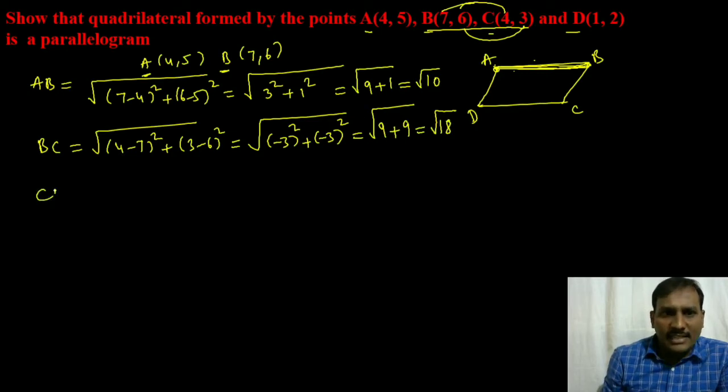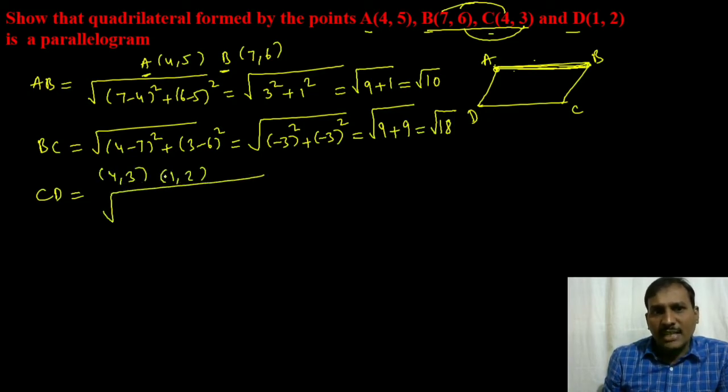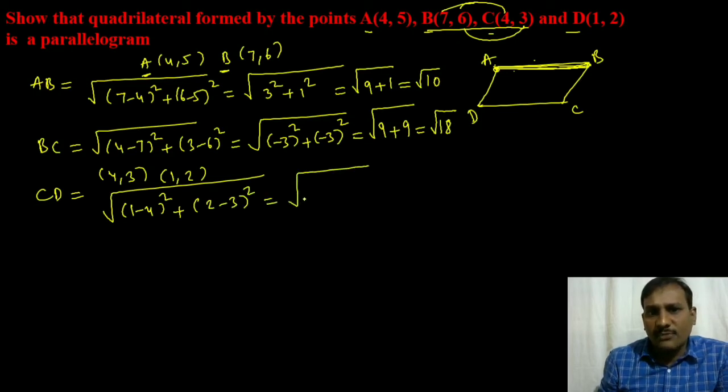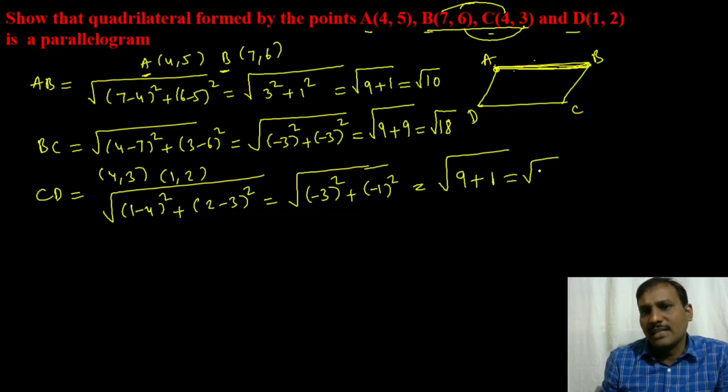Now let us take CD. C is (4, 3) and D is (1, 2). So that is (1 minus 4) whole square plus (2 minus 3) whole square. 1 minus 4 is minus 3 whole square plus 2 minus 3 is minus 1 whole square. Minus 3 whole square is 9, minus 1 whole square is 1, that is root 10.